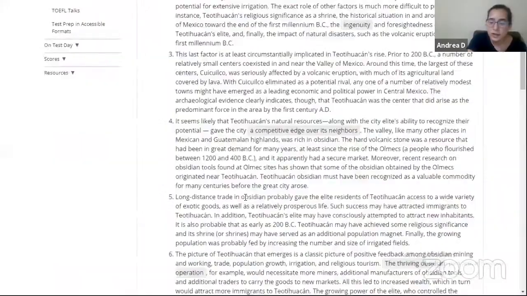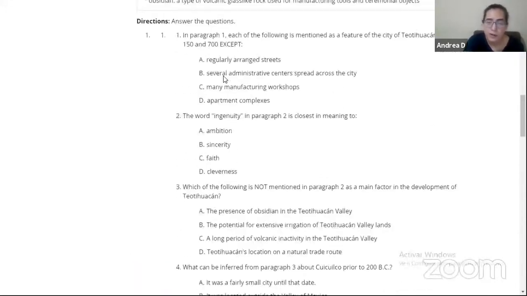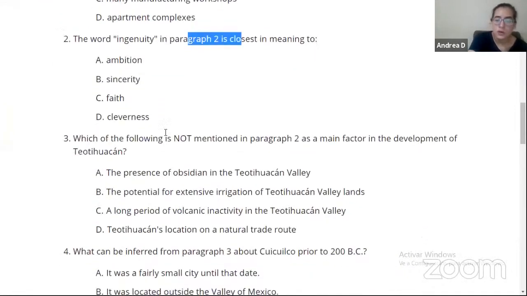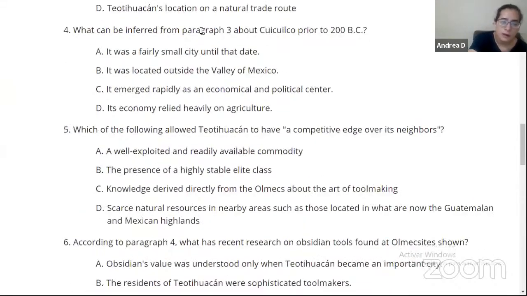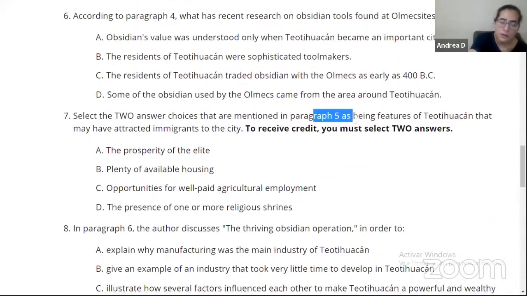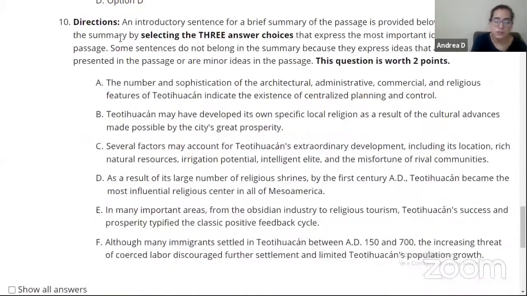Because by the time you get to the last question, question 10, you should have read everything. If you think about it, question 1 is about paragraph 1, so you read paragraph 1. Then you read paragraph 2 for question 2. Then you read paragraph 2 again, paragraph 3. Then we have paragraph 4, paragraph 5, paragraph 6. So by the time you get to question 10, you have read the entire thing already. So it also works.